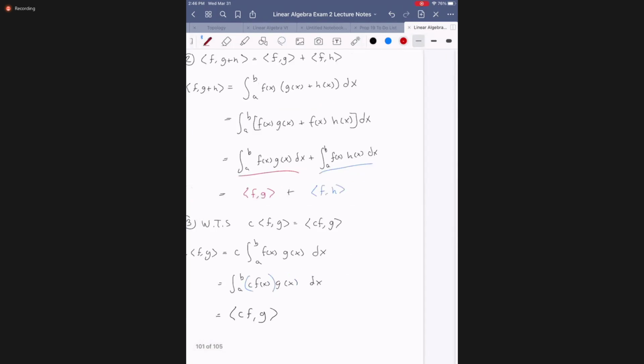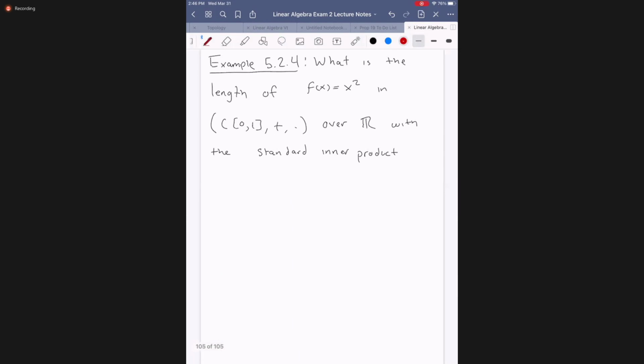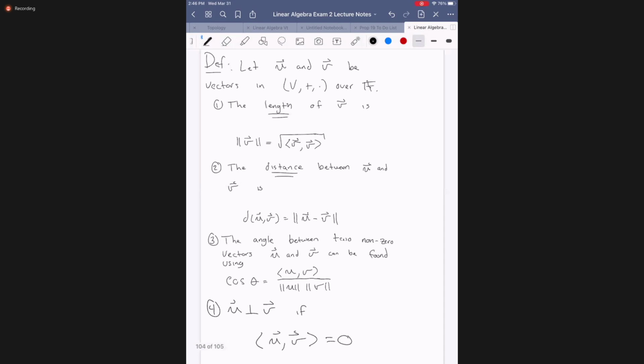Okay. All right. So what is the length again? How is it defined? Just look there, right? It's just the norm.